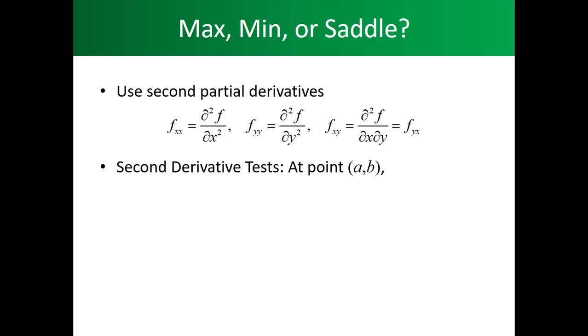Now in our second derivative test, at point (a, b), we need to find out at what point we're taking the derivative. We have some tests to do. We have to verify that the second derivative with respect to x is greater than 0. We also verify that the second derivative of the function with respect to y is greater than 0.